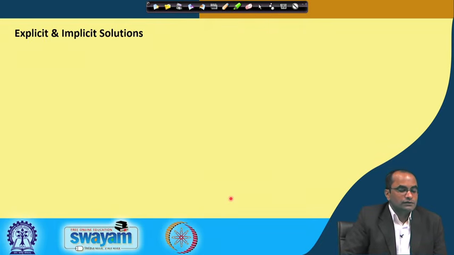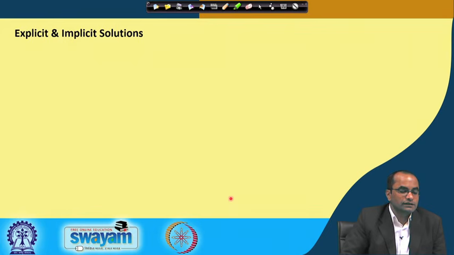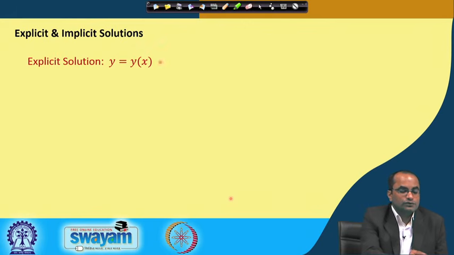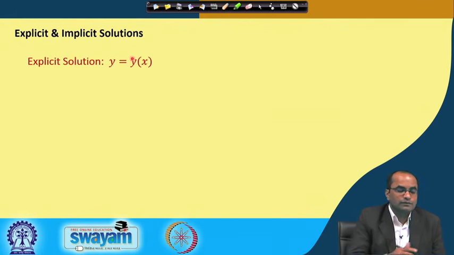There is another terminology used for defining the solution, the so called explicit solution, or we also call it an implicit solution. So, here the explicit solution is y is equal to y of x, when the solution is given in this form, that y, the dependent variable, is given at the left hand side, and everything on the right hand side contains the independent variable.